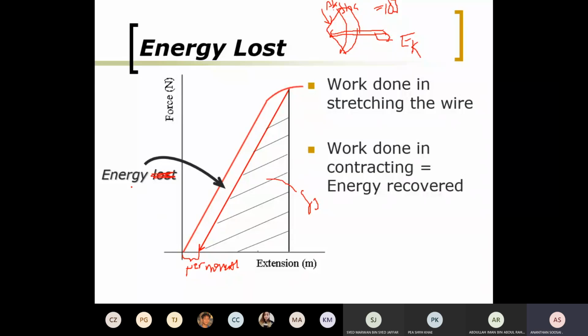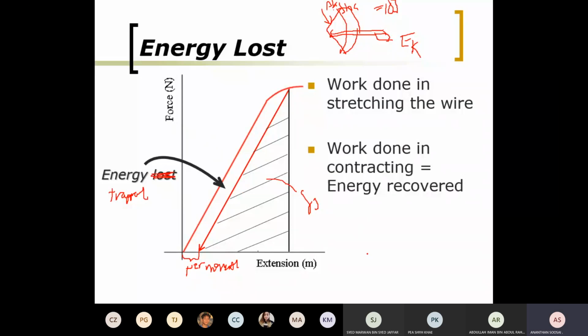So we say energy is trapped. Energy is trapped in the material. Why is it trapped? Because there is a permanent deformation. So therefore, we won't say lost, we say it's trapped. Please change that. So this is energy trapped. So for force versus extension, you should know which is energy stored, which is energy recovered, which is energy trapped. Sometimes they will try to confuse you.